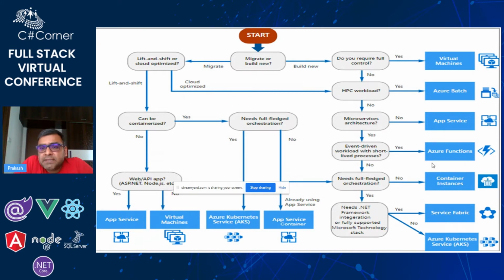Full fledged, yes. Remember I was talking about Container Instances and this one. Container Instances should be used when you have simpler scenarios, when the application is not that complex. We call it ACI in short.